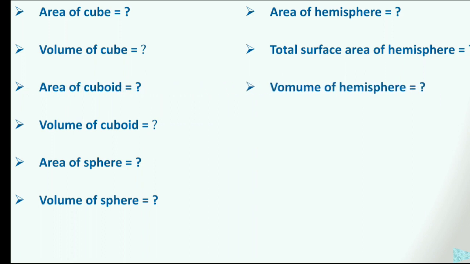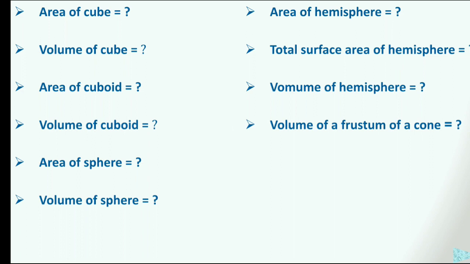Volume of hemisphere. It's 2 over 3 pi r cube. By mistake it has been written as area, consider it as volume.